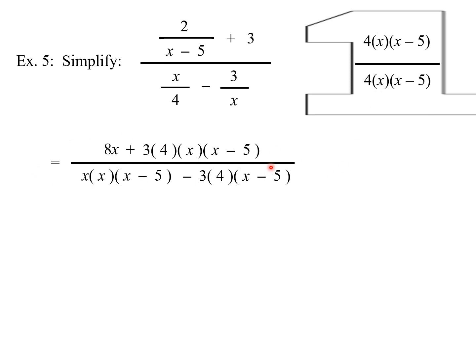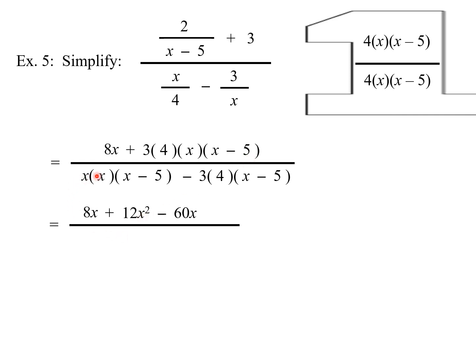All right, so now we're to here, and now we can kind of simplify. So 8x is just going to stay. And then 3 times 4 is 12 times x is 12x, and then distribute the 12x through the parentheses, and we get 12x squared minus 60x. That's for the numerator.